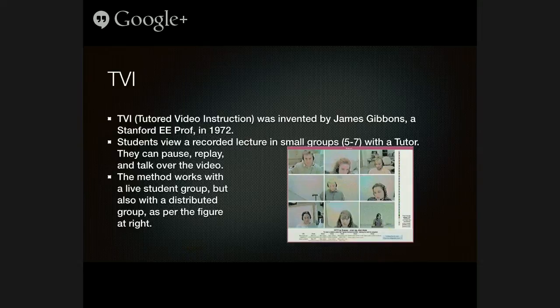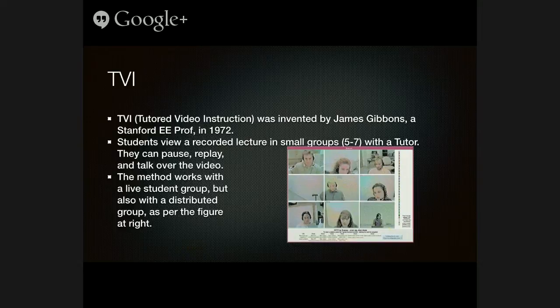So 5 students, 1 GSI, videotape of the professor, and any one of the students could pause whenever they wanted to, or jump back 30 seconds or whatever. They could pause and have discussions and ask questions of the GSI. So it's kind of like watching the webcast of my lectures if Shayna were sitting right next to you, and you could ask her questions while you were watching the webcast.